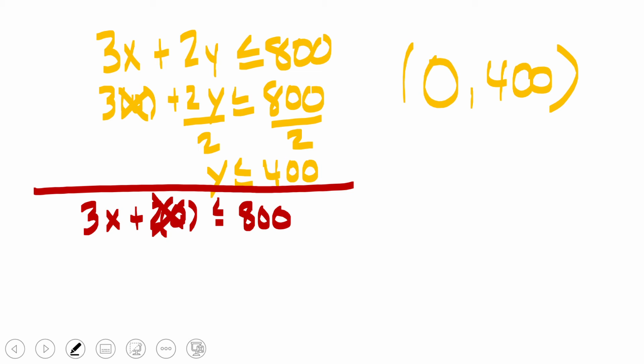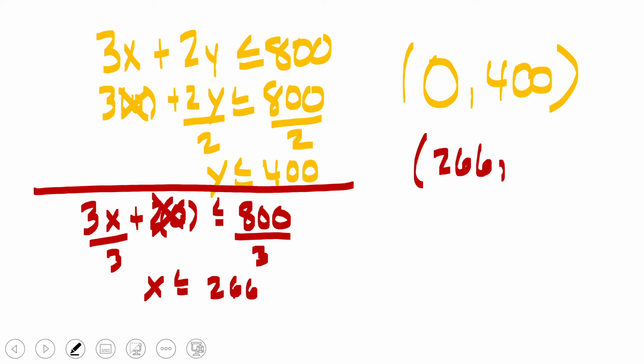And this goes away, and we have something like x is less than or equal to 266. We're going to round off on that one. It's not a perfect whole number, but for our graphing purposes, it'll be fine.